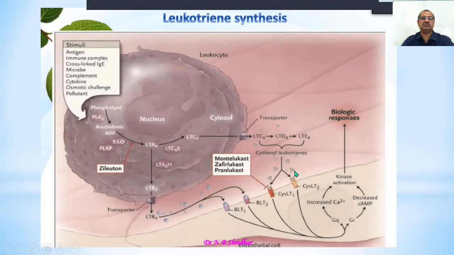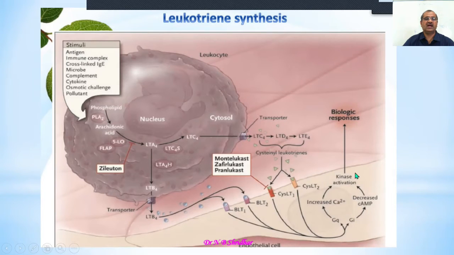So here you can see the cysteinyl LT1, LT2, and BLT2 and BLT1 types of receptors, through which LTB4, LTD4 and LTE4 are going to act. The binding of the leukotrienes to the leukotriene receptor is inhibited by Montelukast, Zafirlukast, etc., some of the drugs.